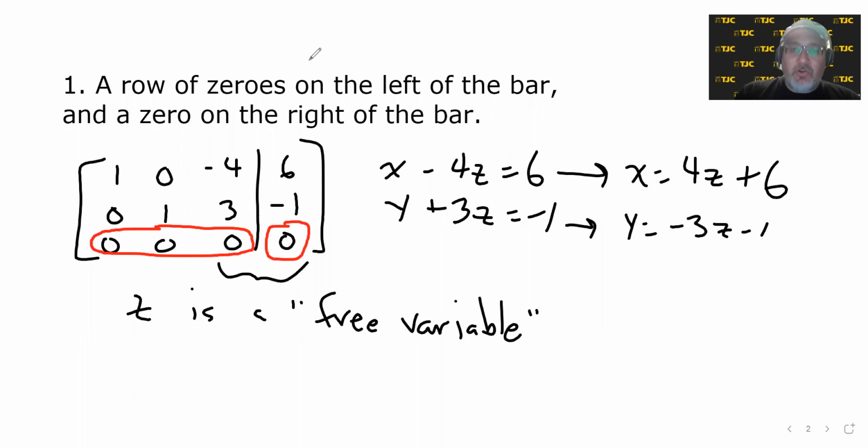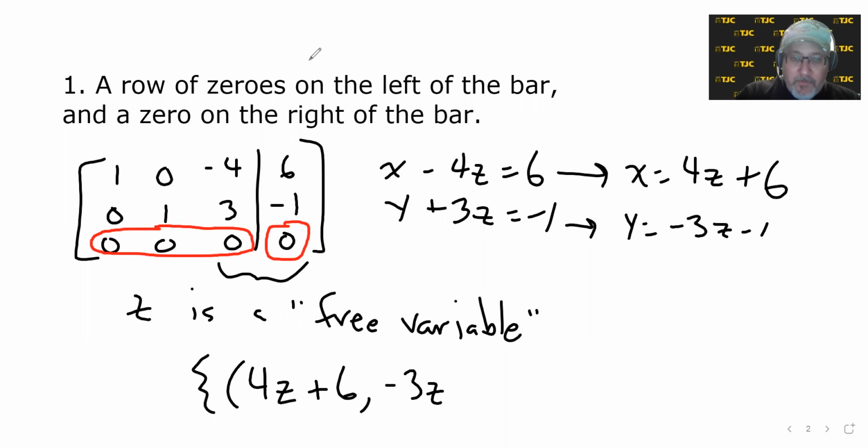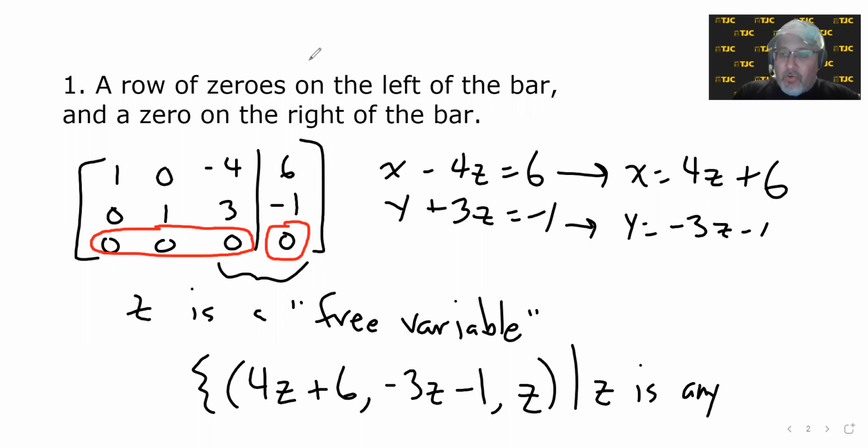And so that means our solution is the set of all ordered triples that look like this. X is going to equal 4z plus 6. Y is equal to negative 3z minus 1. And z can equal anything it wants. So we can say z is any real number.